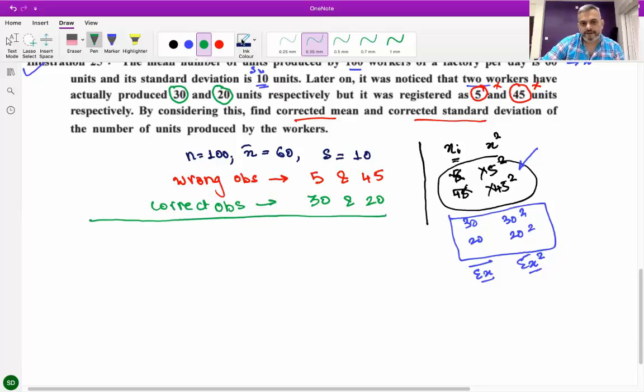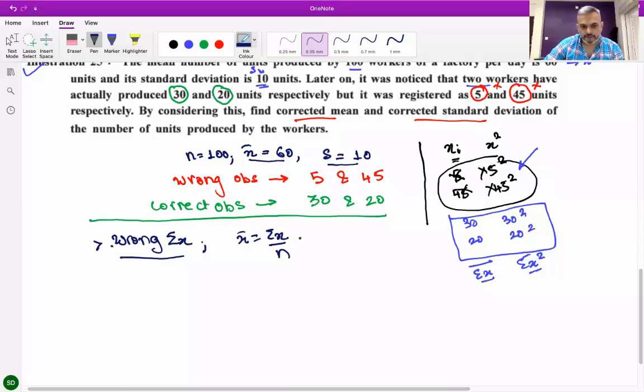Now when we start the sum, first let's find out wrong sigma x. So this is the first thing we'll be finding out. For that, mean is equal to sigma x upon n. You all know this mean is with the wrong observations, the standard deviation is with the wrong observations.